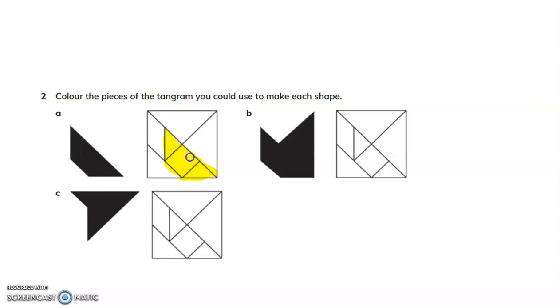See, coloring these 3 shapes, you can see this picture is made by coloring these 3 shapes. Now coming to this picture, we can use these 2 pictures to replicate the shape.